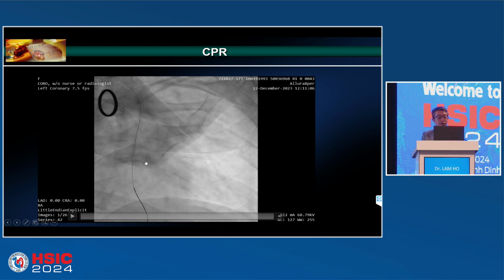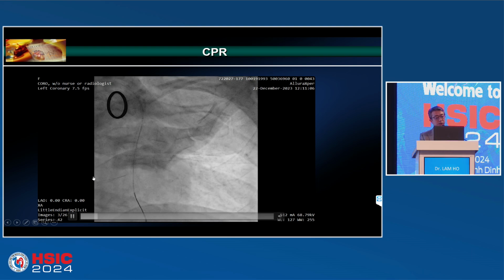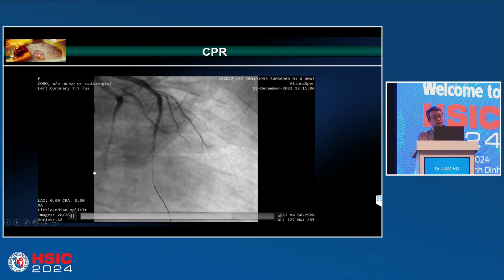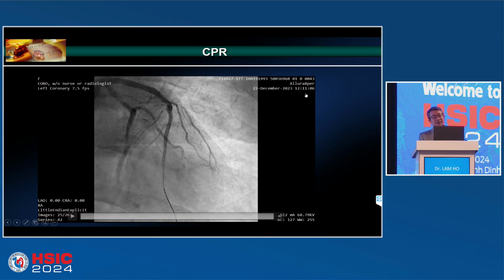Of course, my fellow gave adrenaline, gave adenosine, but no flow in AD, and the patient went into arrest. Just a few minutes, no time to react, because the no-reflow by lipid is different from the no-reflow by clot or by air. It's different.